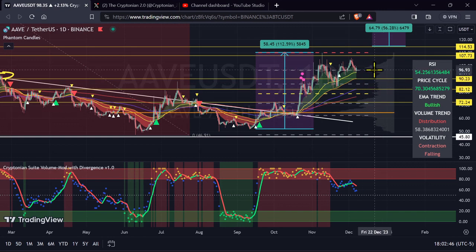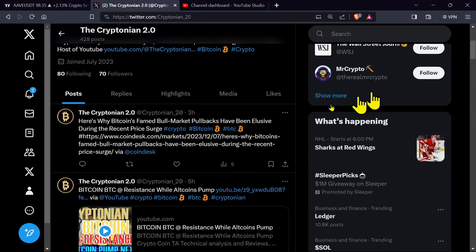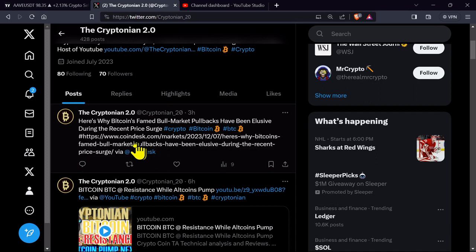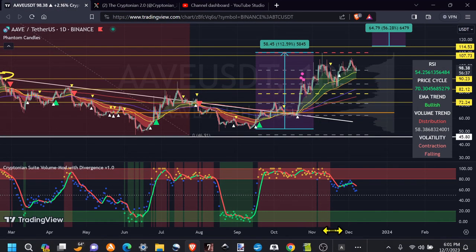That depends on how severe Bitcoin sells off, which, by the way, if you've seen my post here on my Twitter X account, I just posted a good article that says, here's why Bitcoin's famed bull market pullbacks have been elusive during the recent price surge. The reason is because the market has been purchasing not on leverage, but has been purchasing spot Bitcoin. And so that's why there's not much downside.